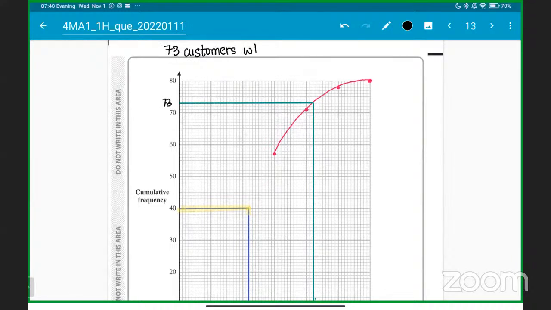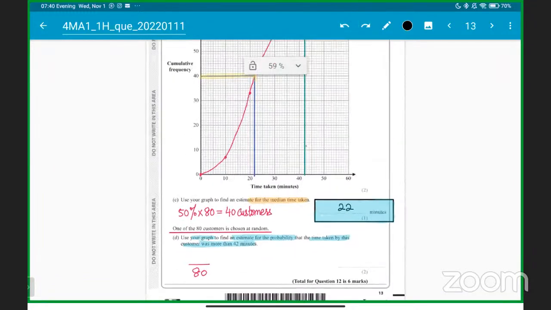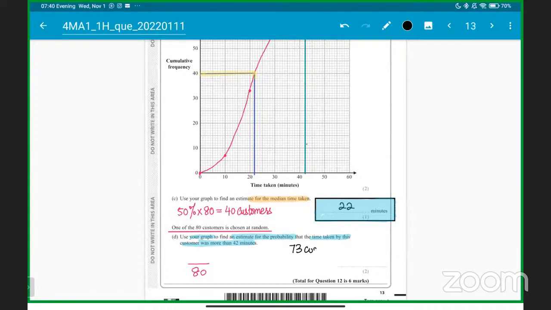who take that. Oh, sorry, the graph went off. Hold on. Yep, let me write it down. There are 73 customers who take less than 42 minutes.